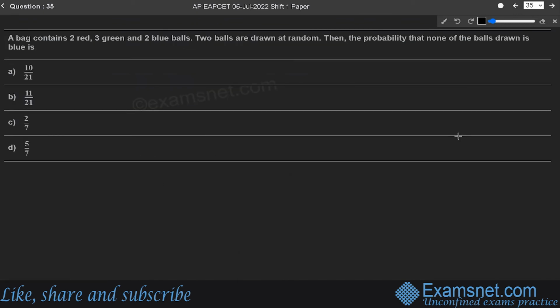Next question is, a bag contains 2 red, 3 green and 2 blue balls. 2 balls are drawn at random, then the probability that none of the balls drawn is blue.